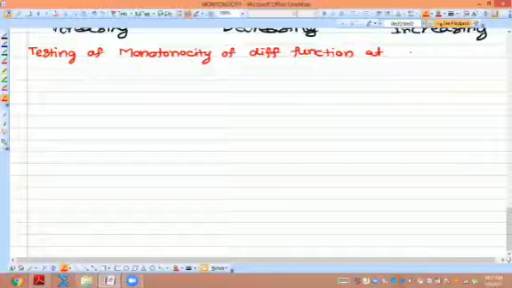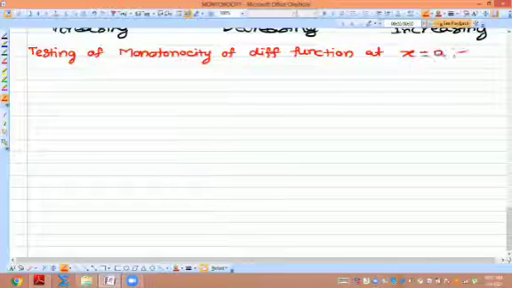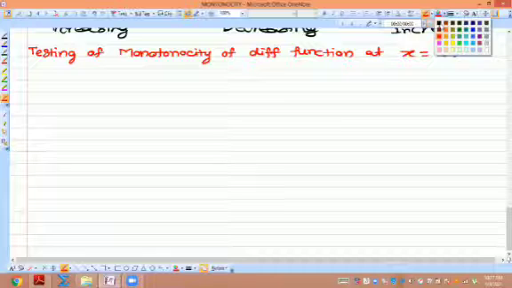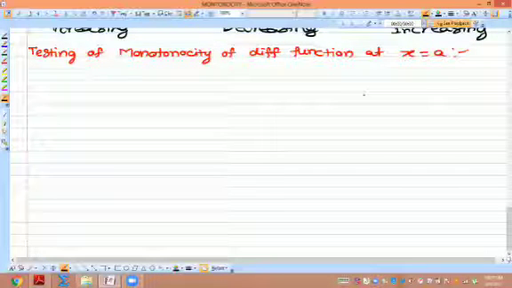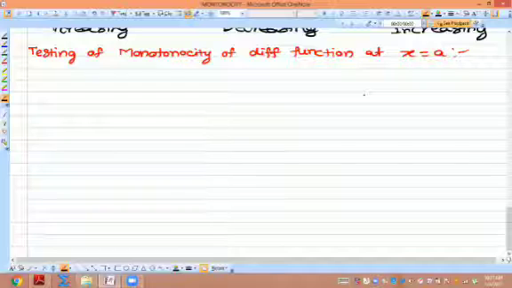Or else write like this, at x equals a. Differentiability is fine. Now, how to check monotonicity? Tell me.